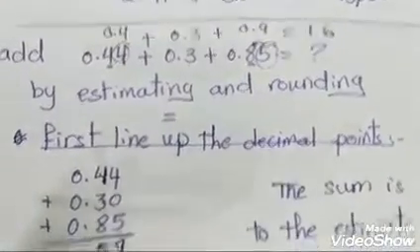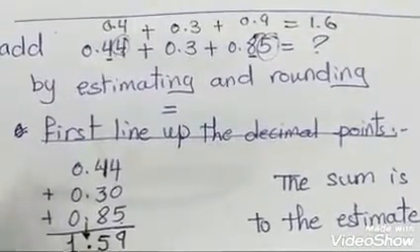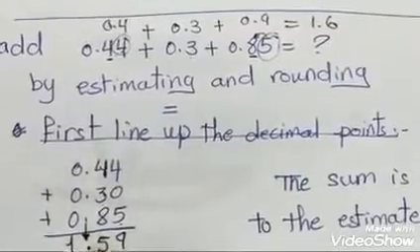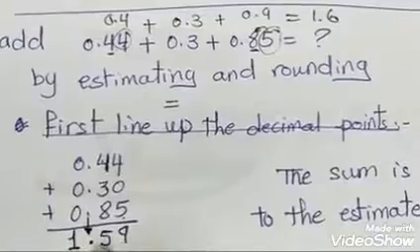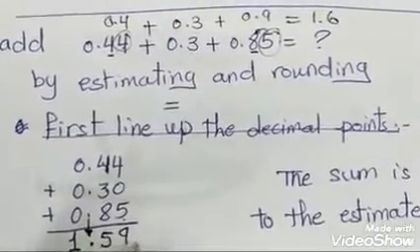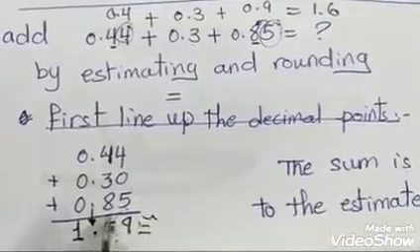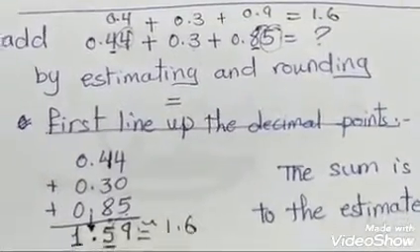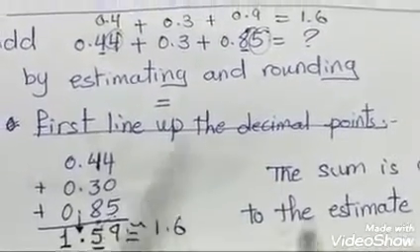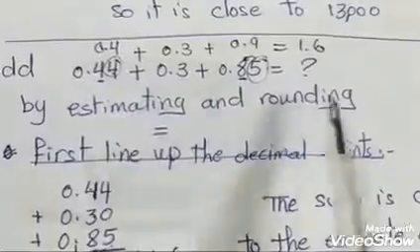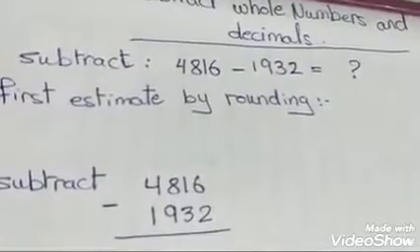The 5 will be put here, the decimal point down, and the 1 here. So the exact final result is 1.59 or 59 hundredths. If I want to round it to the nearest tenth, 9 is a rich number, so the 5 will be increased by 1, so it will be 1.6. So the sum is very close to the estimation of this operation of adding decimals. Okay, that was for addition.